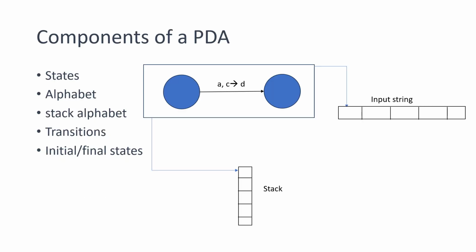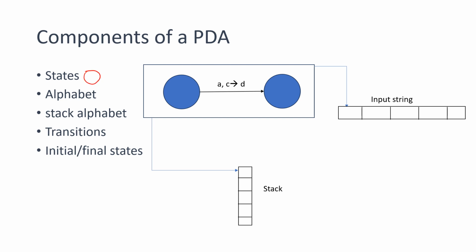Let's just relate the formal definition, what the components are, to the picture. So first we have the states, which are drawn inside the finite control. So you'll have, as before, circles, and there will be, of course, arrows between those circles. Those circles are the states.